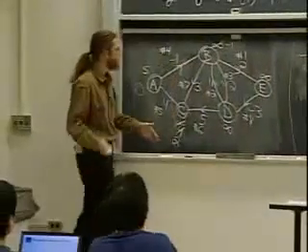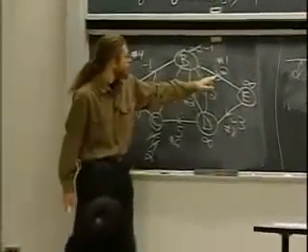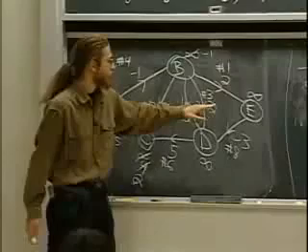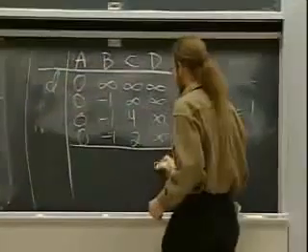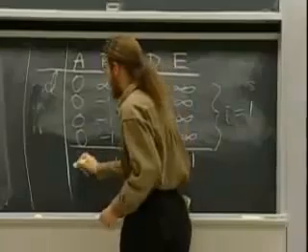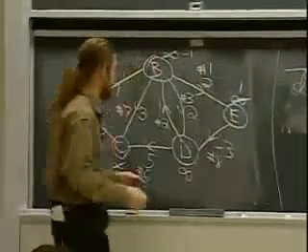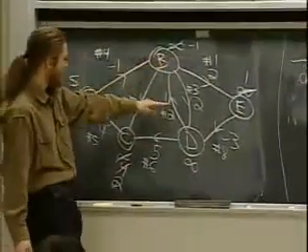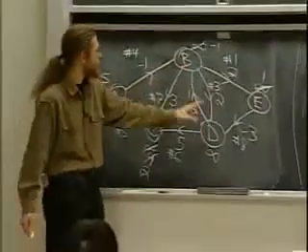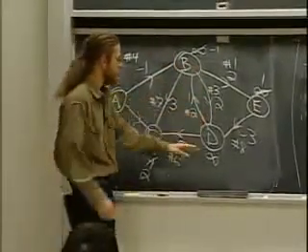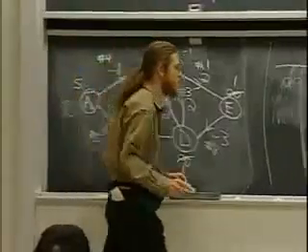So we start with edge number 1. Now -1 plus 2 is 1. That's better than infinity. I'll start speeding up. This gets repetitive. It's actually not too much longer until we're done. Number 2, this is an infinity, so we don't do anything. Number 3, minus 1 plus 2 is 1, better than infinity.